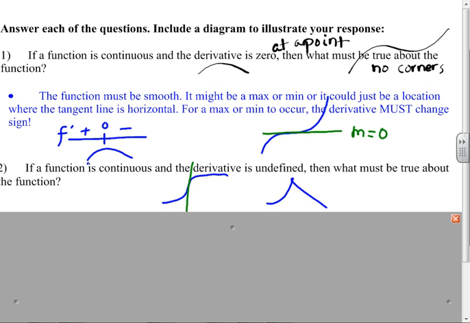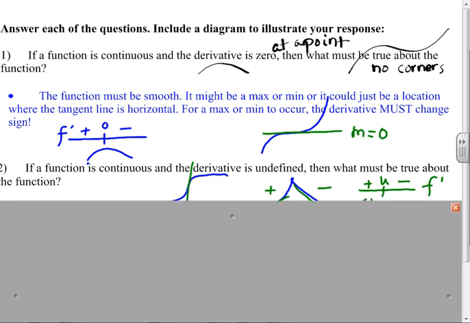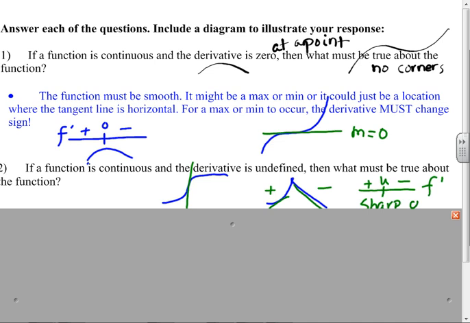Is there a cusp there? It's undefined. The slope on the left side is positive, on the right side it's negative. So the first derivative line might look like this: positive, negative, undefined. So then I know I'm going to have a sharp corner. I know a lot by just looking at the first derivative.